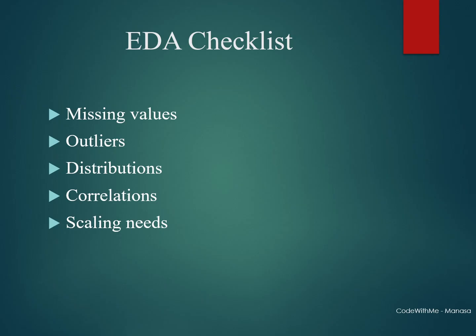What is the data, and what data is there in which category, and analyze correlations between variables and features, and check data types, what are the types of data we have, and identify scaling needs, look for patterns also, and understand relationships. So this checklist ensures you never miss anything important in the data, which is very important in building a machine learning model in data science. So let's summarize this video.